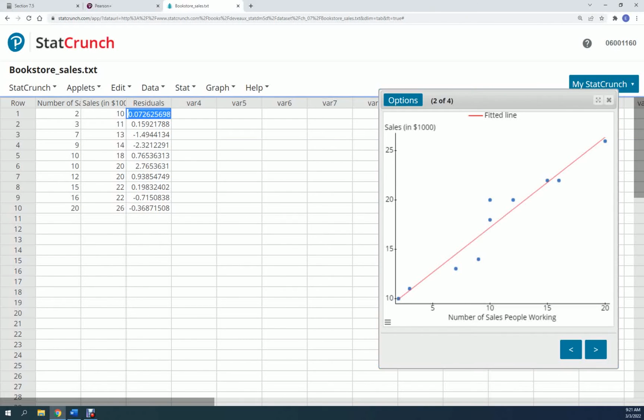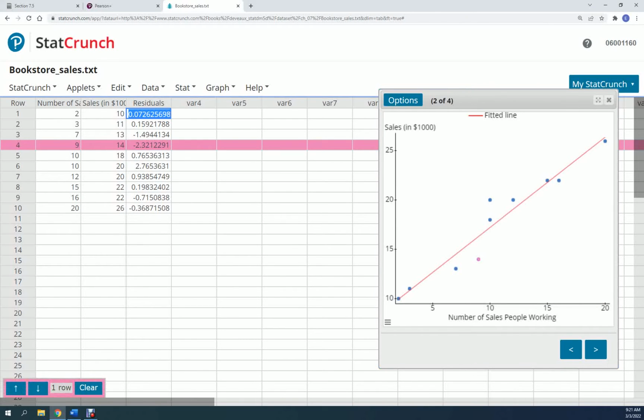When we go back to this number 4, we see the residual is negative 2.3 because the data point, you can clearly see, is below the line. So when I take the data point minus the y value predicted for the same x value of 9, we get a difference from the line, and it's $2,321 in sales below predicted from the line.